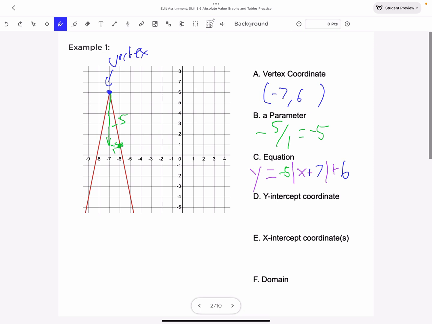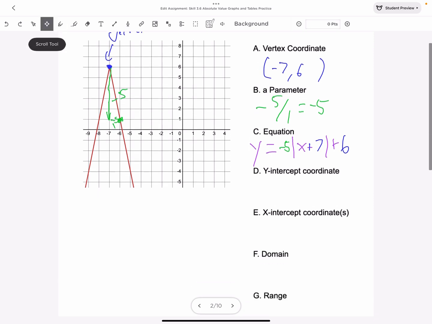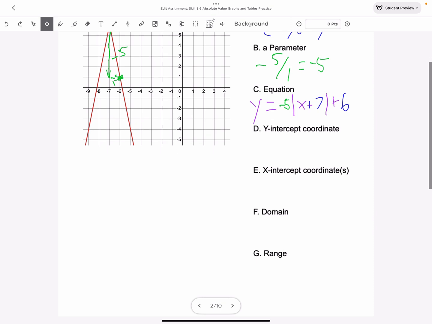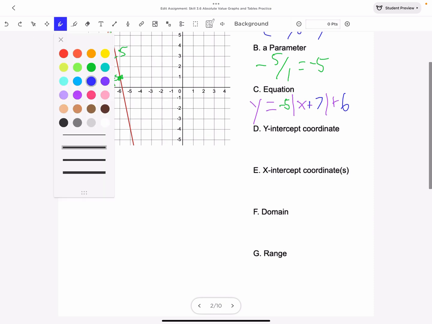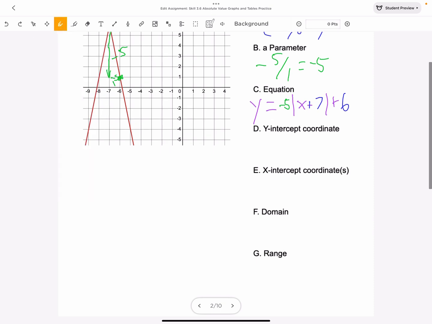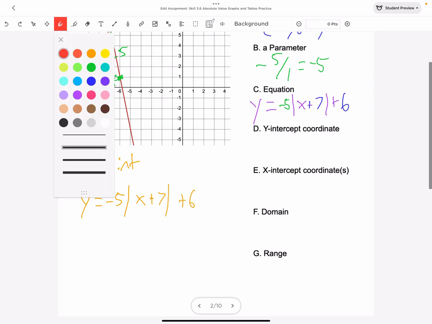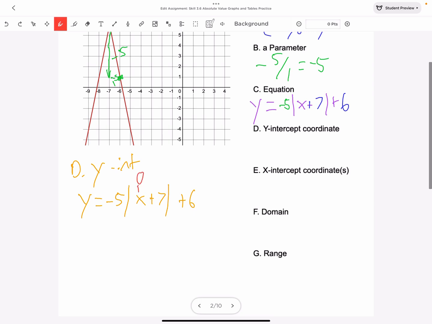Okay, my y-intercept. I do not have a y-intercept, but so for part D, we'll just do it in orange. So part D, this is the y-intercept. I can just use the equation. Remember, that's when x is 0. So y is equal to -5 times the absolute value of x plus 7, plus 6. I just take a 0 and plug it into my x.